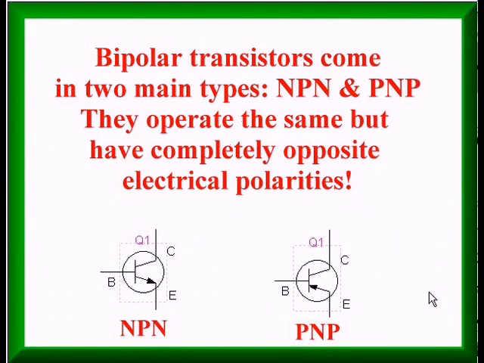Bipolar transistors come in two main types, NPN and PNP. In the case of a PNP, which is our subject here, like the NPN, it's a three-pin device, but the electrical polarity is opposite. Mostly we're going to be using this in the common emitter configuration.